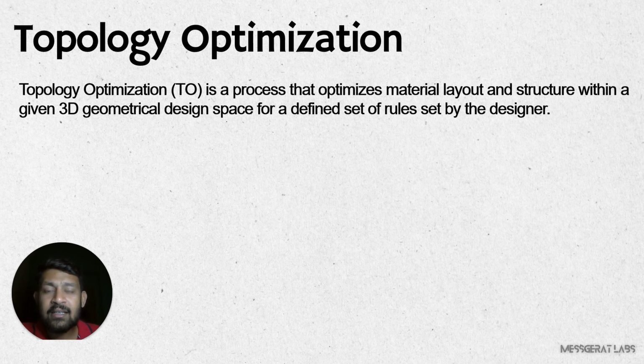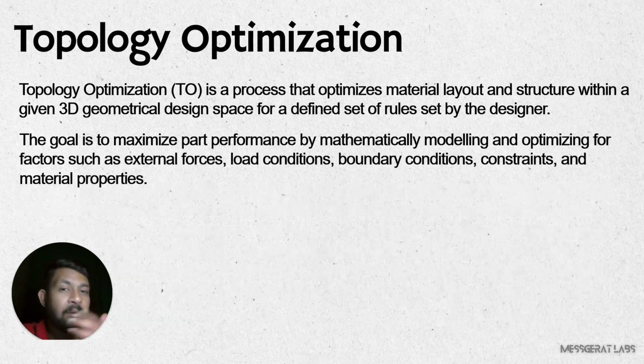So you have to define that this is my design space, this is my non-design space, and the software or algorithm, which has been set by certain rules, will automatically put material in the areas where the loads are passing through or where stresses are high, and wherever there are negligible stresses, it will remove material from there. So you are putting material wherever you need and removing material from the areas where you don't need it.